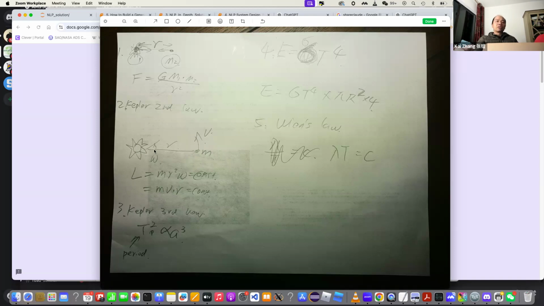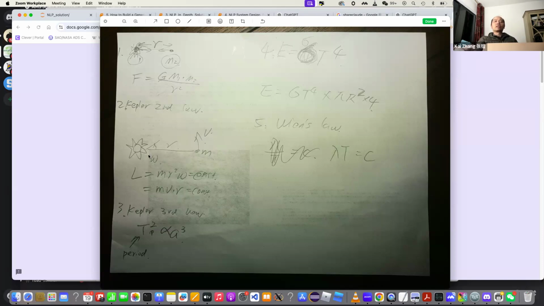And the result is that in a specific time, the area covered by this trajectory is constant, because v multiplied by r and multiplied by a certain time gives the area over here.